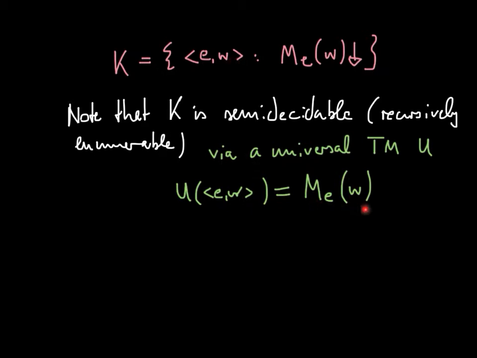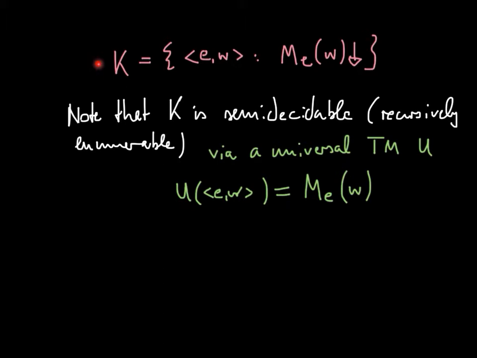On the other hand, if it does not halt, then this is not in K, but since U simulates exactly what M_E does on input W, it will also not halt. So this witnesses the semi-decidability or recursive enumerability of the halting problem.